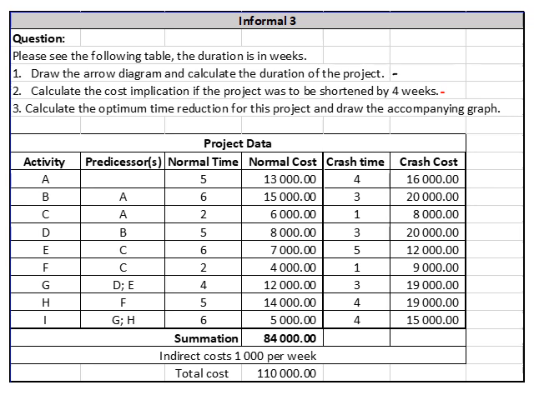Our indirect cost is R1,000 per week, and our total cost is 110,000 at the start of the project. Usually when your indirect cost is a higher amount, the spin-off of shortening the project becomes much more diluted, or closer to each other.